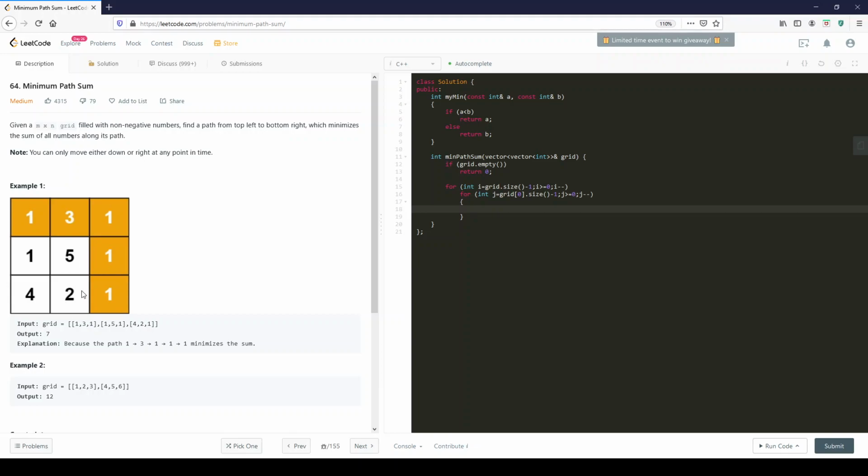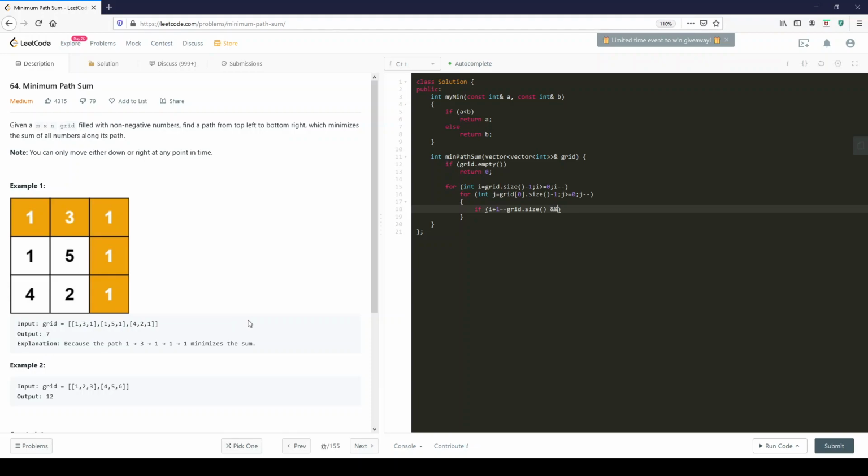we're looking for the min between the two paths if they exist. And how do we check if they exist? Well, let's see if they don't exist. If i plus 1 bigger than or equals grid.size, that means we've already gone overboard.